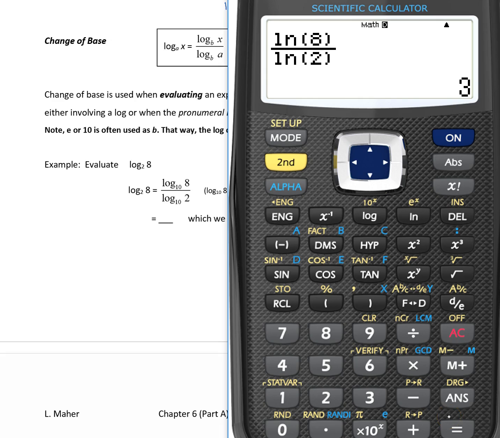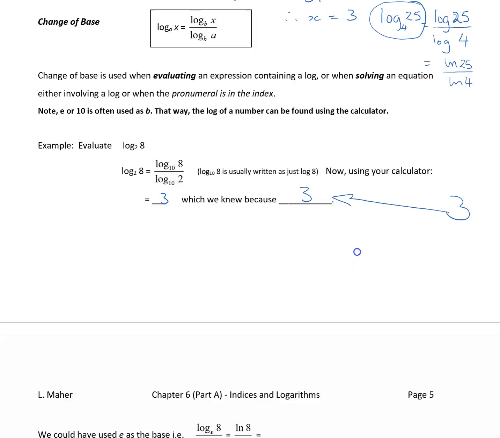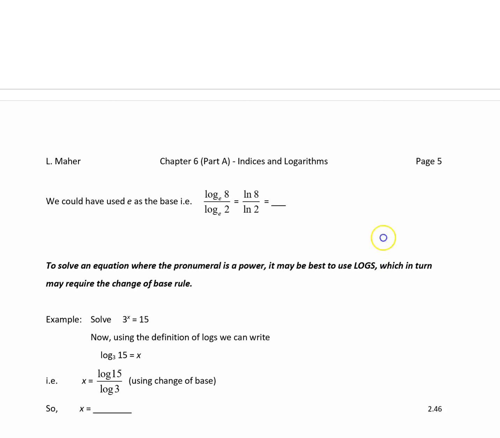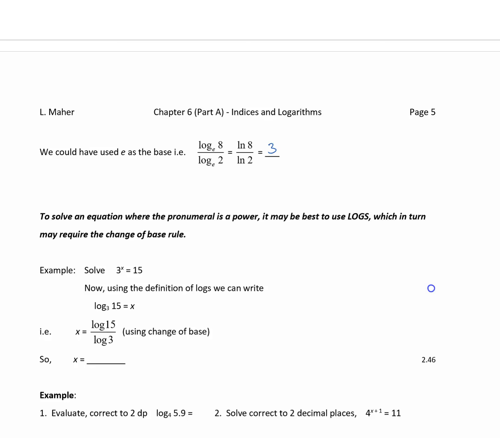So you can see that it doesn't matter whether it was to base 10 or to base e, you'll get the same answer. So it really is your choice. Yes, we knew it was 3.